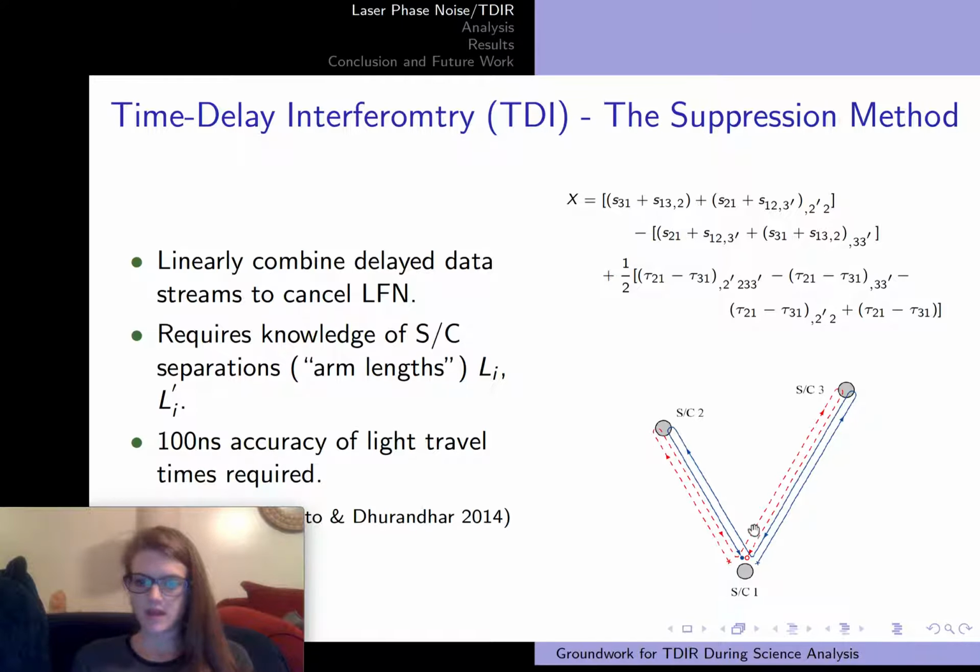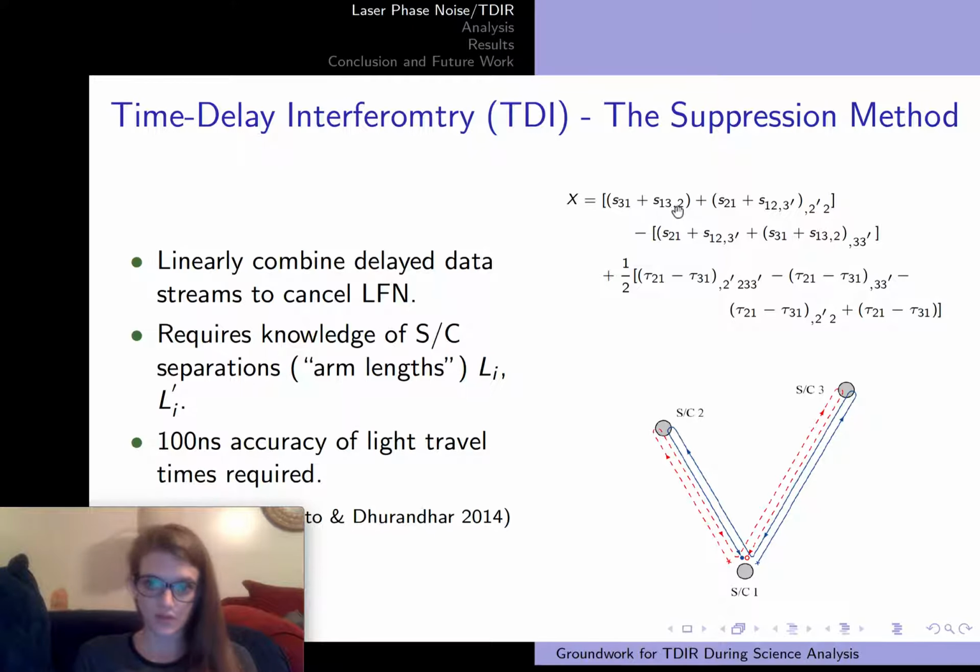doing. It essentially has the data bounce off of both spacecraft in both directions, and you end up with no phase noise in the end. But to do this, as you can imagine, you need the delay times to be accurate. So when we delay them, that's an external delay outside of the delays that are already in the science and reference measurements.